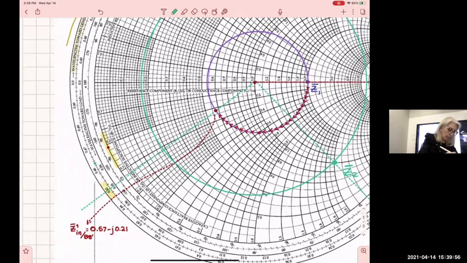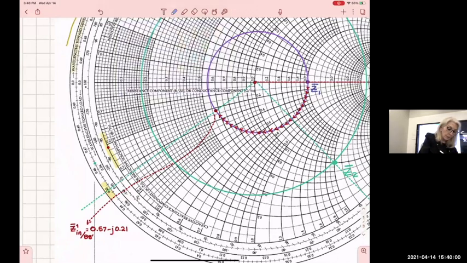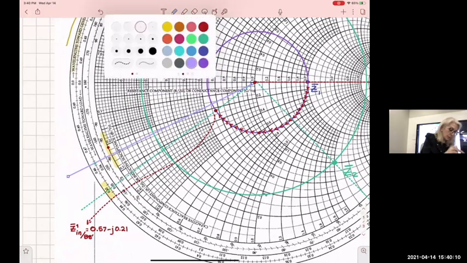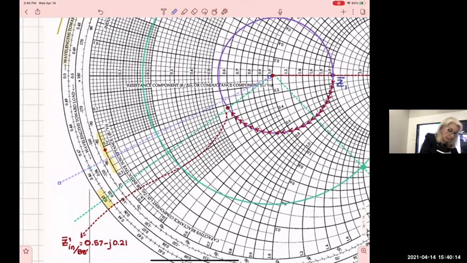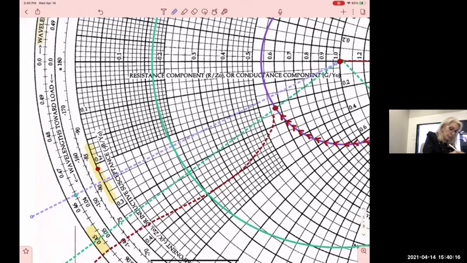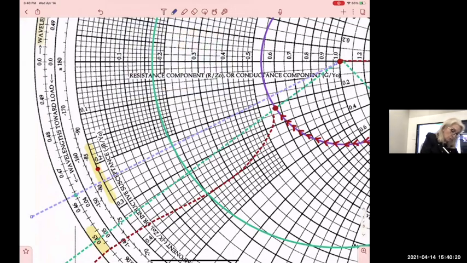I will have to connect now, let me use a different color. So there are too many greens there. This line, this center with this point, also make that dotted. And I will have to see where that intersects with my circle.